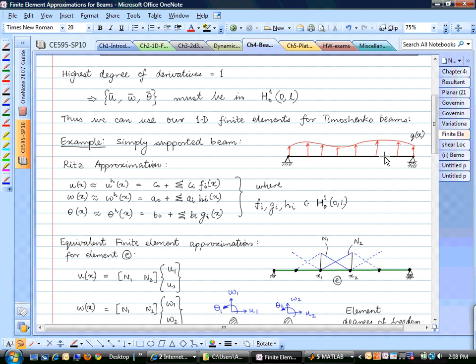Essentially, the element stiffness matrix that you calculated is much stiffer than what it should be. When the element stiffness matrix is much stiffer than it should be, it's called locking. If it is much softer, then you get instability.